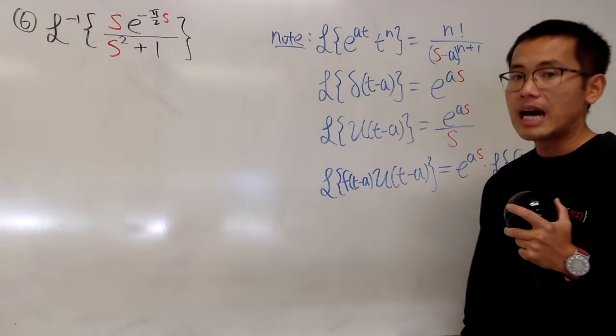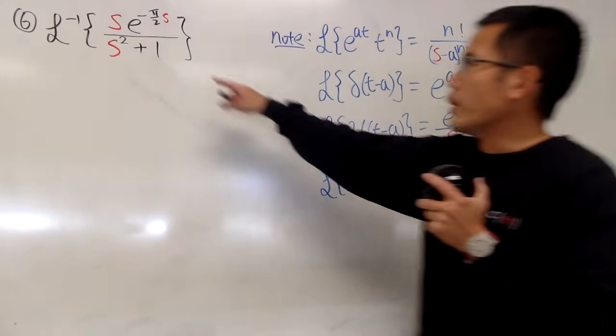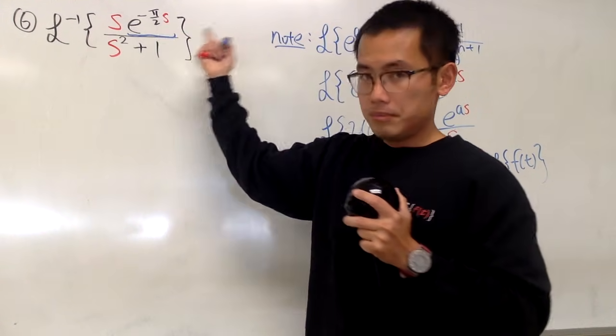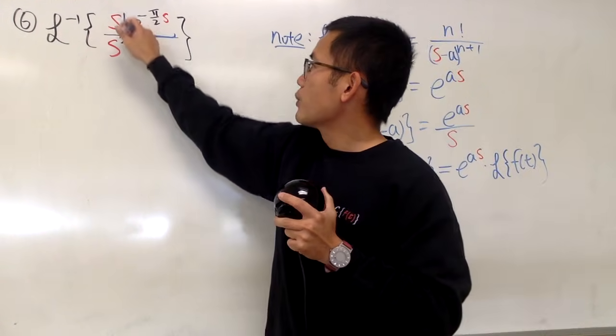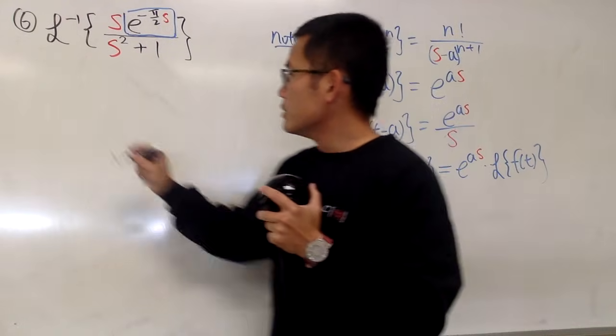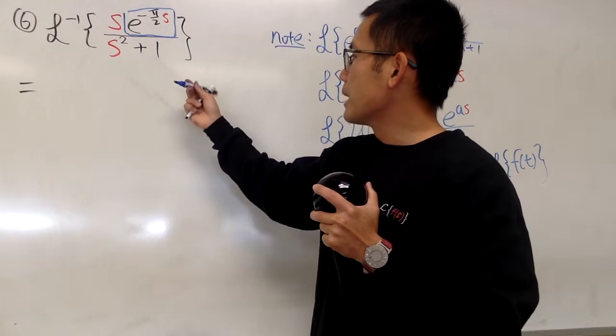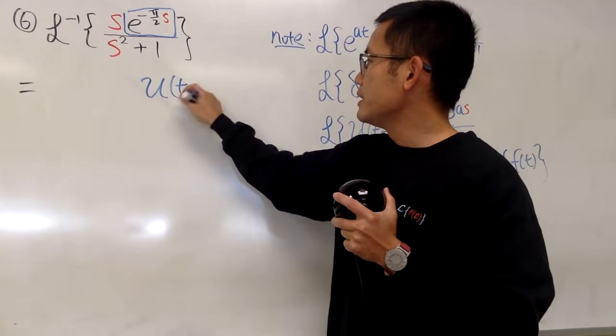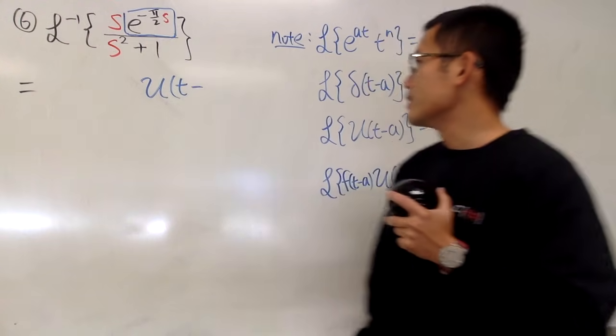And now, this is how you can do it. Whenever you see e to the number times s in the s world, that's what we have right here, this is telling us to go ahead and multiply by u, the unit step function of t minus whatever that number is.